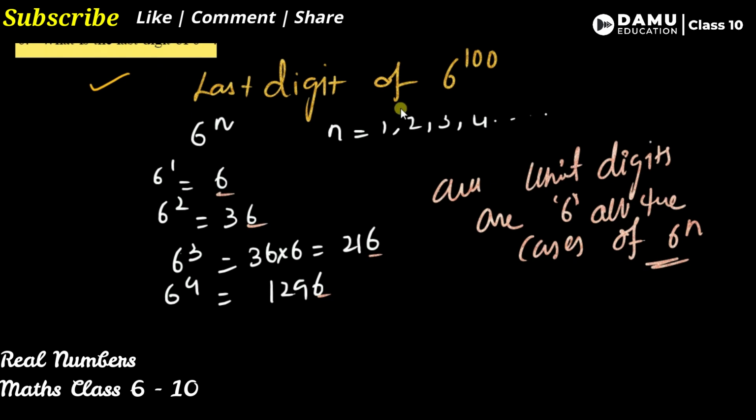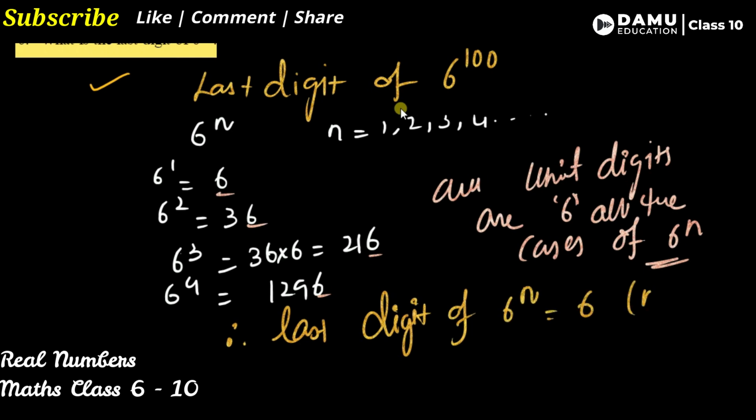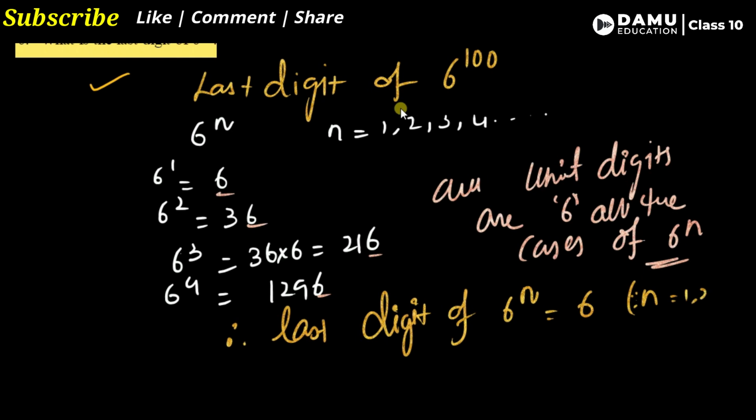Therefore, the last digit of 6 power n is always 6, where n equals 1, 2, 3 and so on. Like this we have to find it.